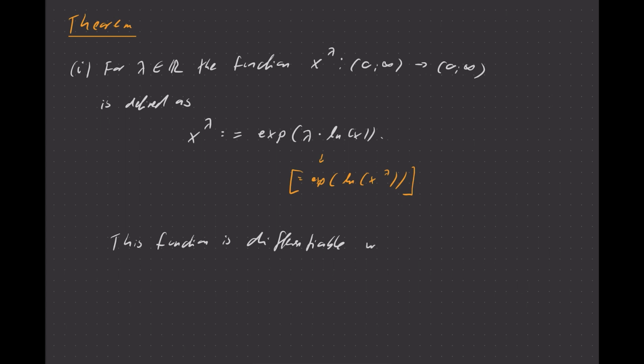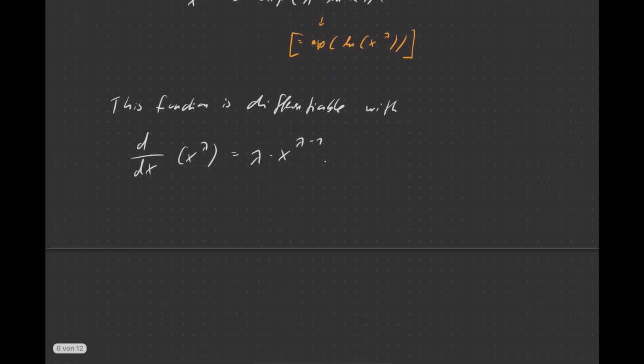And the derivative is d/dx of x to the power of lambda is simply lambda times x to the power of lambda minus 1. So all the rules for taking derivatives of that kind, with a constant lambda and a variable x, also work for general real numbers lambda. So this is the first generalization here.